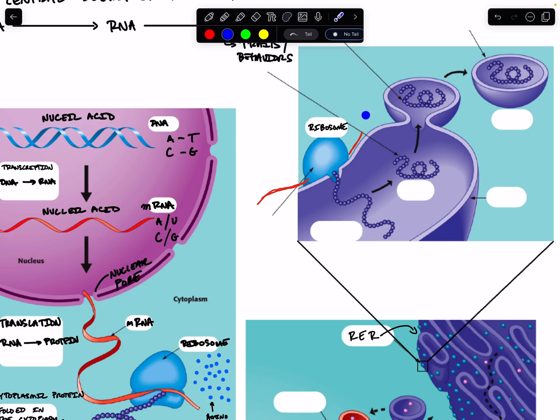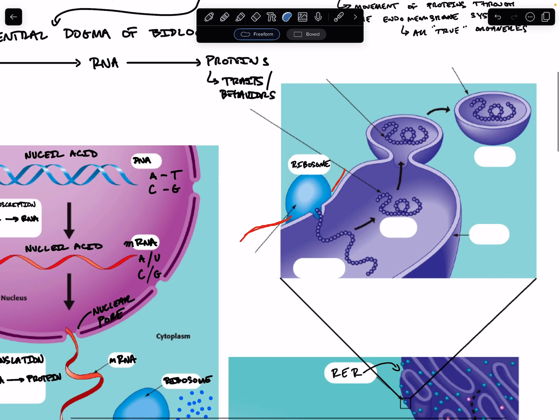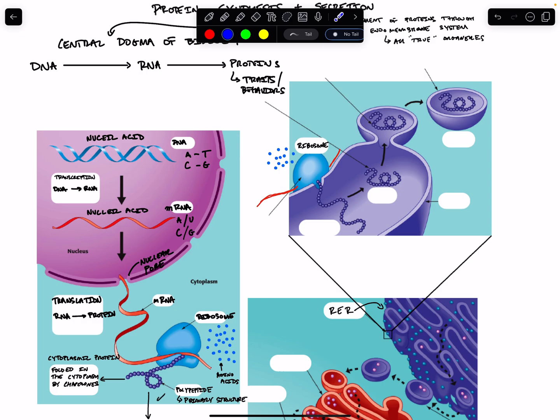Let's say it's going in this direction. It's reading the message, and it is plucking out amino acids from the cytoplasm that are still present in the cytoplasm. So it's still doing the same business of translation, reading an mRNA message, grabbing amino acids, and linking them together to make a protein.